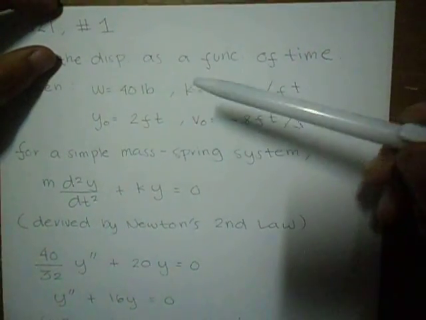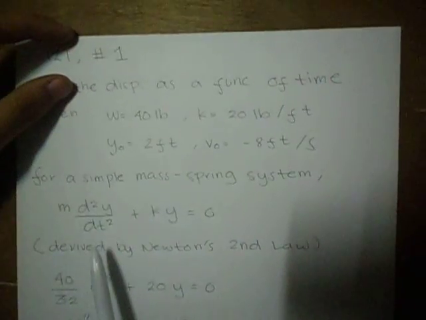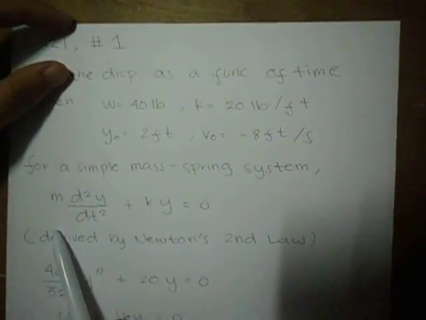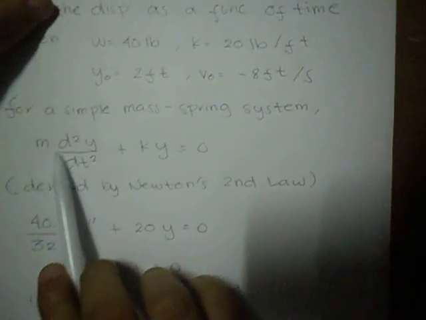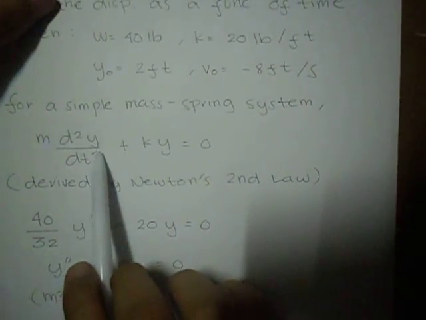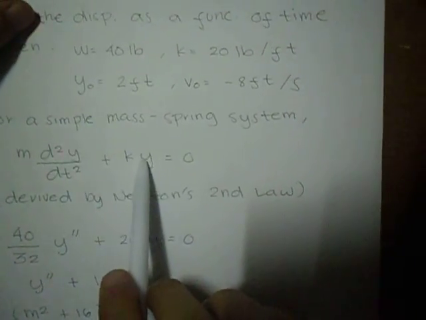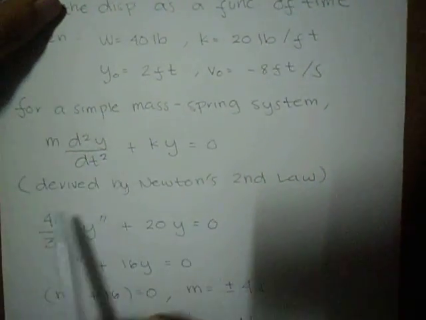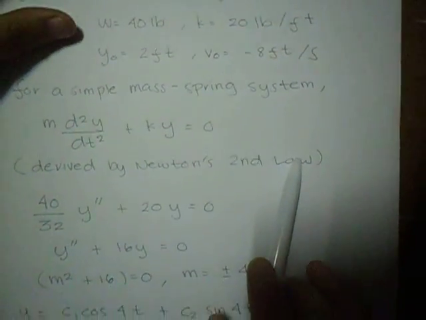For a simple mass-spring system, your differential equation is just like this: m times the second derivative of y with respect to time plus k times y is equal to 0. This is derived by Newton's second law.